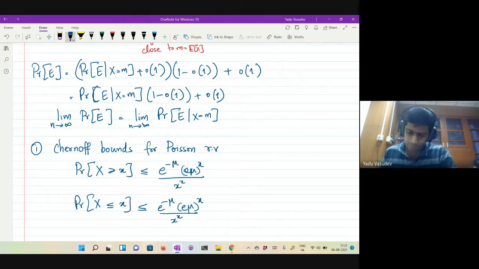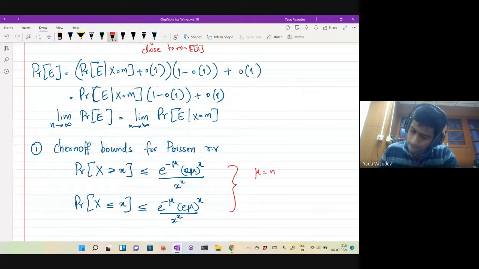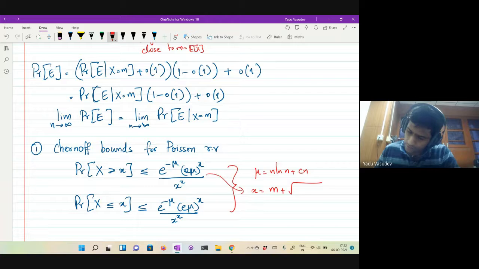And in our case, mu is m, which is n ln n plus cn, and x is m plus square root of 2m ln n, and mu is also equal to m, correct?